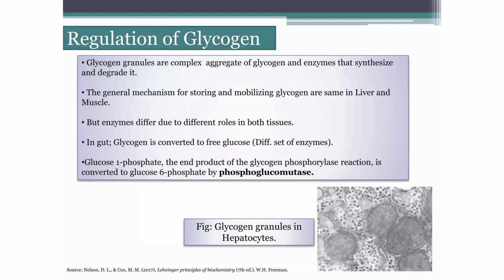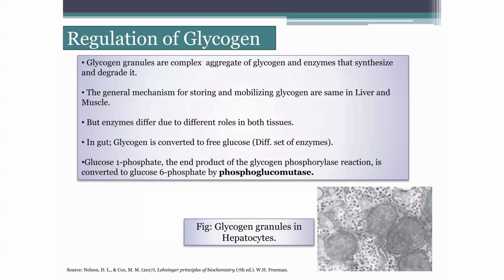Actually, in glycogen metabolism, if you eat and after you eat you have enough energy, that enough energy allows the system to convert the excess glucose into glycogen using an enzyme called glycogen synthase complex.